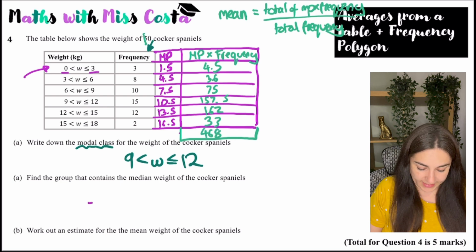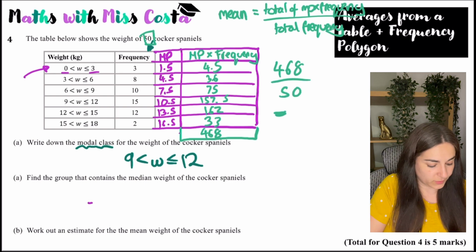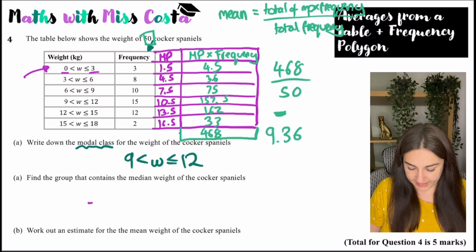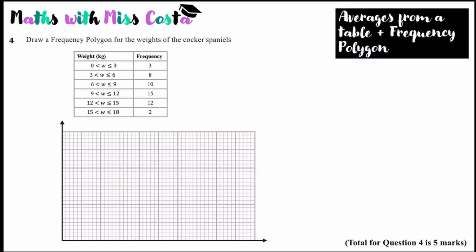And the total frequency is 50. So 468 divided by 50 equals 9.36. So an estimate for the mean weight is 9.36.